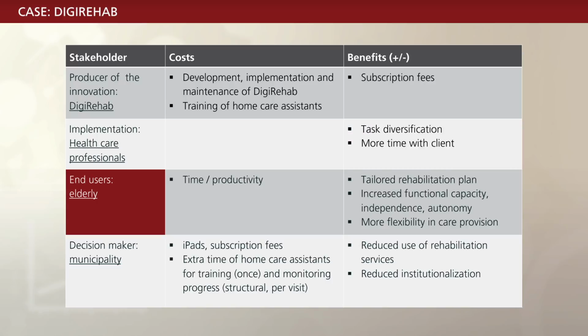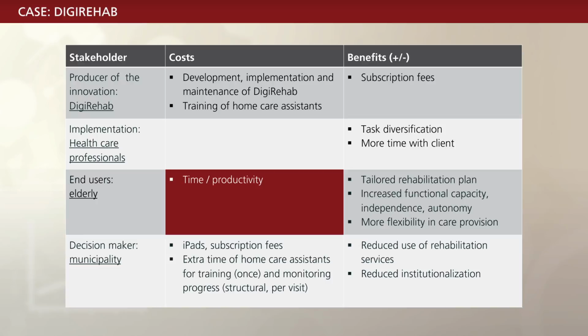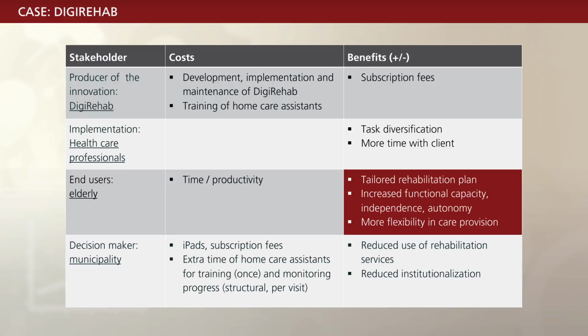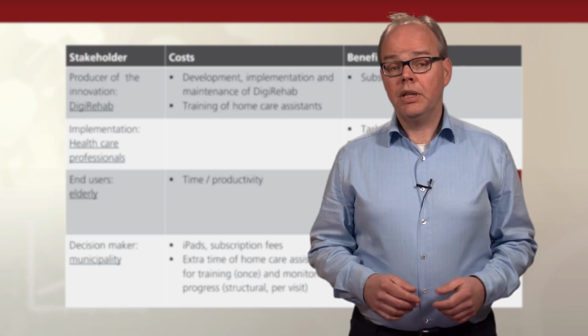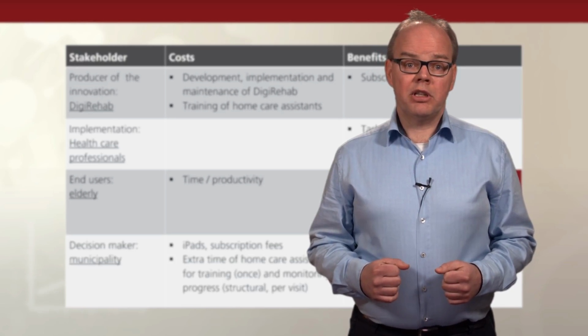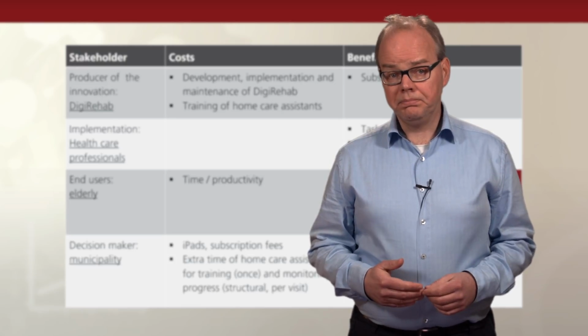From the perspective of the elderly, there may be costs and benefits. They need to invest time in the exercises, time they cannot spend on other activities. But they receive the benefits of a tailored training program, which is expected to improve their functional capacity. In addition, rather than having to visit a rehabilitation center at fixed times, they can do the exercises at their own convenience. From this, it seems likely that elderly will ultimately perceive this innovation as being beneficial.